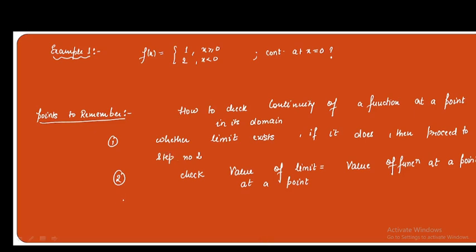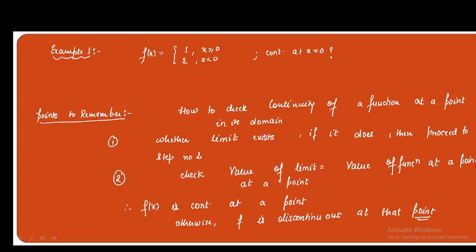If these two conditions are satisfied, then we say that f(x) is continuous at a point. Otherwise, we conclude that f is discontinuous at that point.